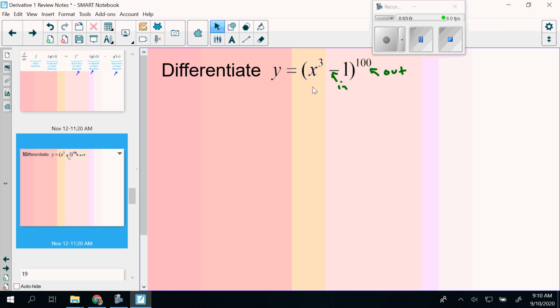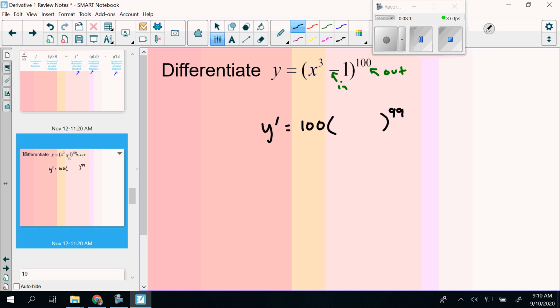So we start with the outside function, do the derivative of that. So anytime we got a power, we bring it down. New power becomes 1 less, so 99. We don't touch the inside one, leave it alone, just write it as the same. But now we do times the derivative of that inner function. So derivative of x cubed is 3x squared.